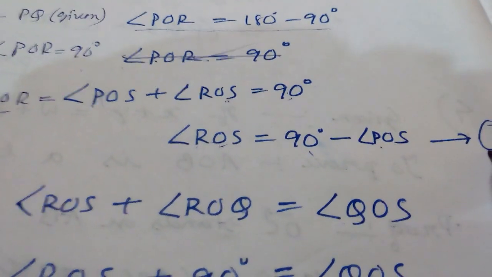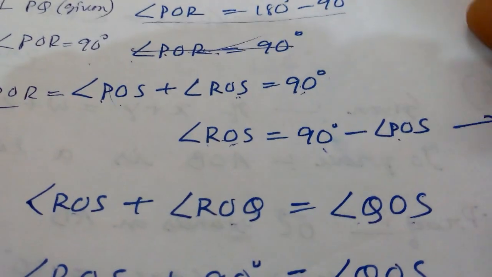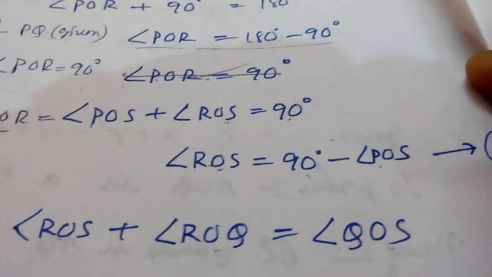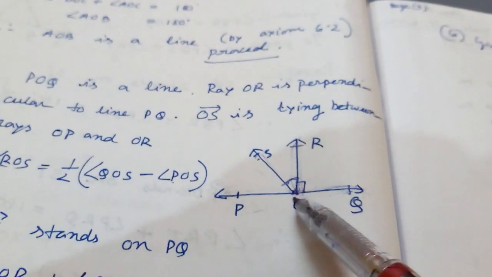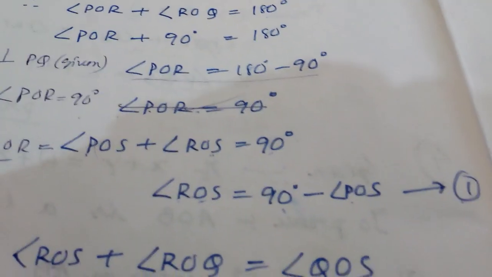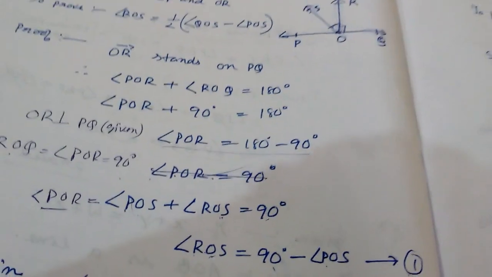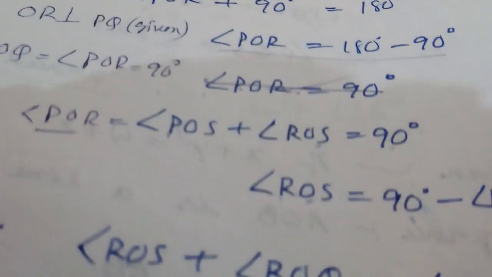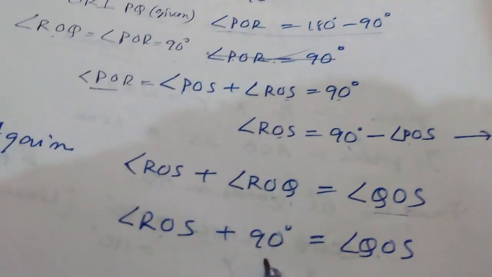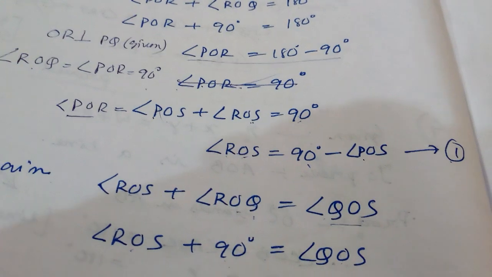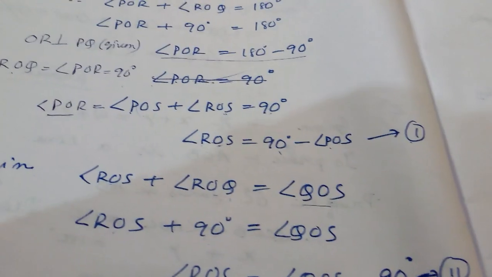We mark this 1. Again, we see here ROS. Look at the picture. ROS plus ROQ is equal to QOS. And ROQ is equal to 90 degree. So ROS is equal to QOS minus 90 degree.